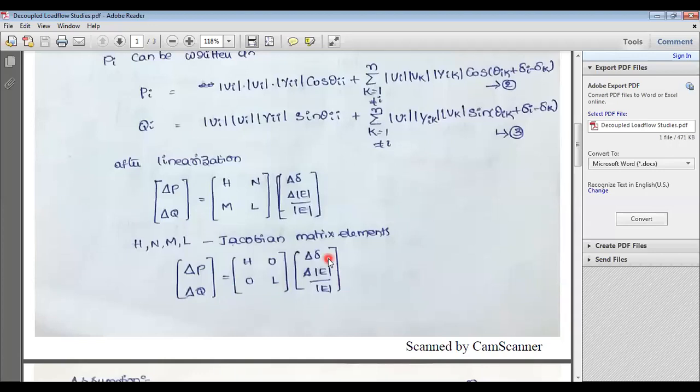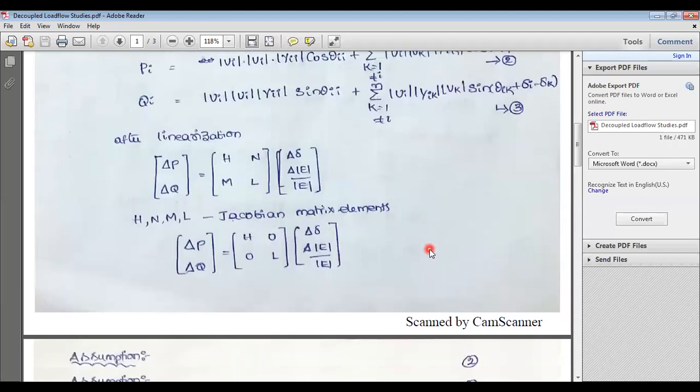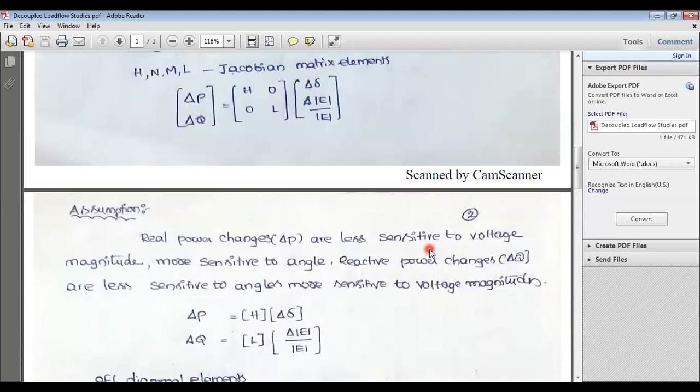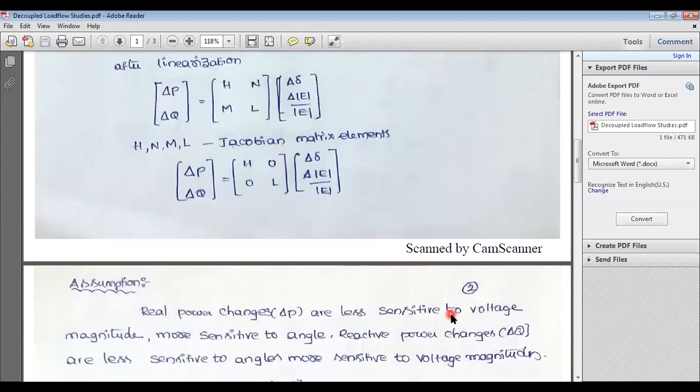Here N and M are equal to 0. There is a special case here. Why are these zeros?